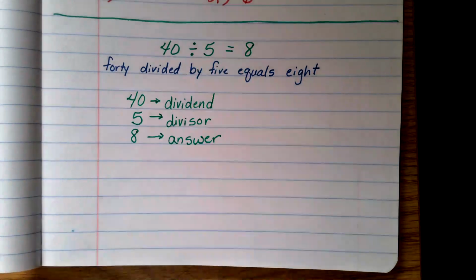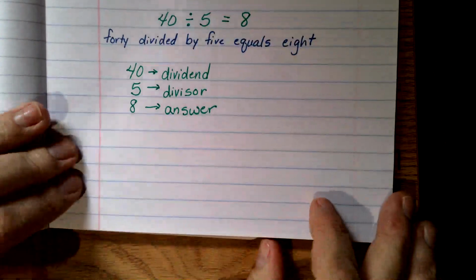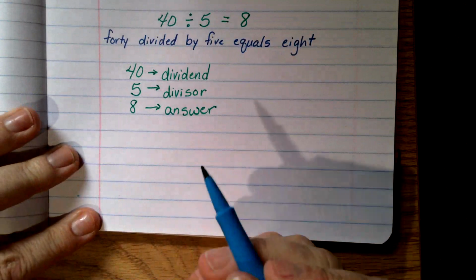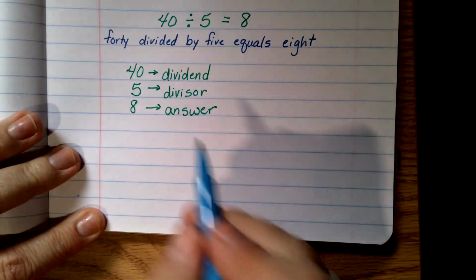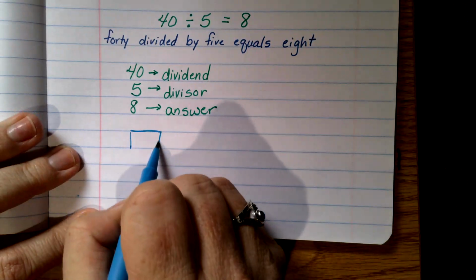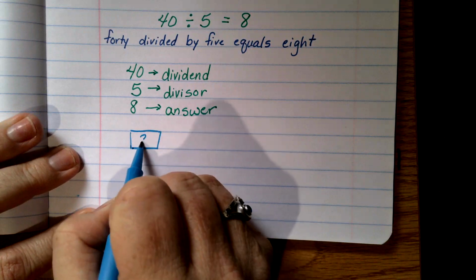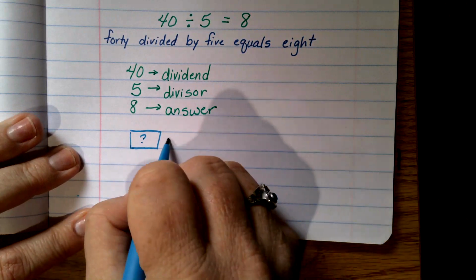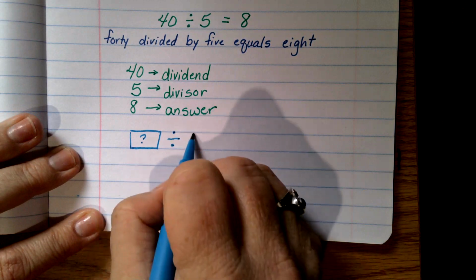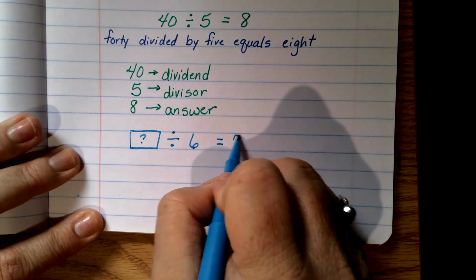If we know part of our equation, we can actually go in and figure out the rest of our equation. If we know multiplication, we can do multiplication to help us find the answer. So let's say we're not given a dividend. Let's say that we have blank, and usually it has a question mark here, divided by 6 equals 7.